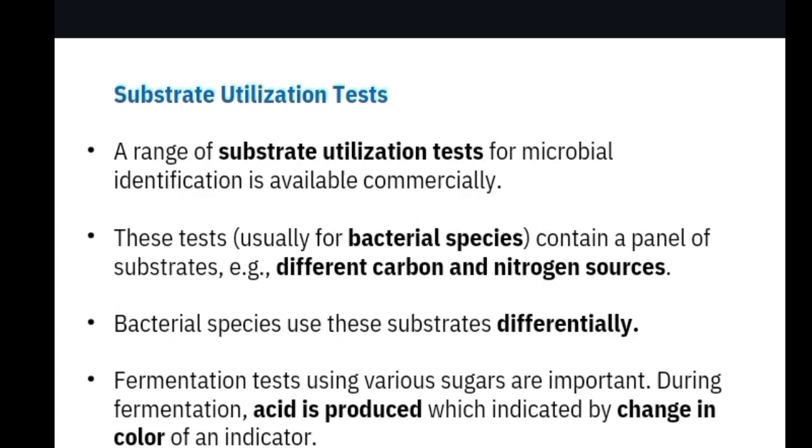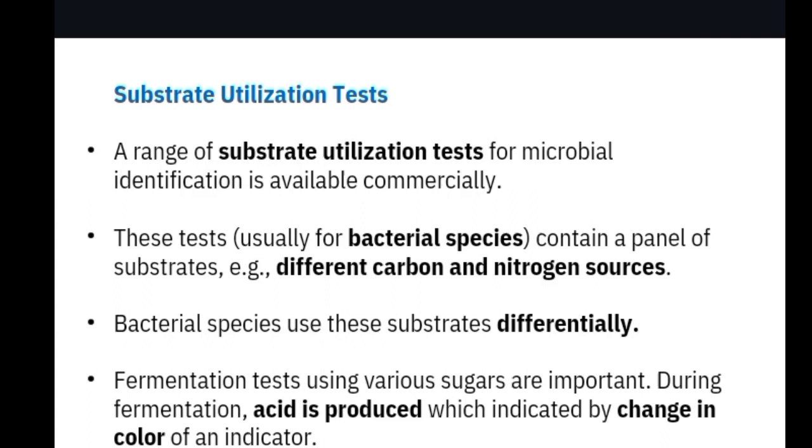So the fourth one is the substrate utilization test. A range of substrate utilization tests for microbial identification is available commercially. These tests, usually for bacterial species, contain a panel of substrates, for example different carbon and nitrogen sources. Bacterial species use these substrates differentially. Fermentation tests using various sugars are important.